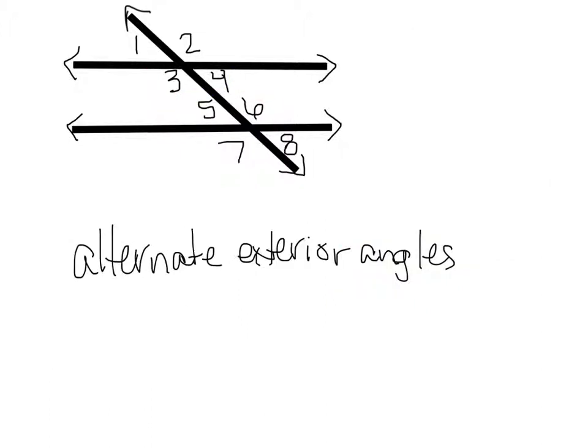Okay, I erased part of that because I felt like we were getting too cluttered on the screen. So our alternate exterior angles, again, tell me what about the exterior? It means they're on the outside. Yeah. Now let's talk about which angles are congruent. Alternate exterior angles are congruent.